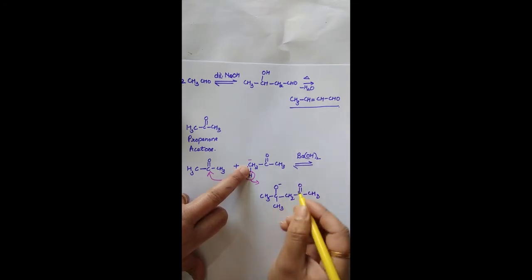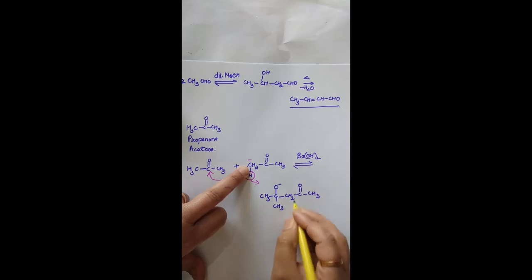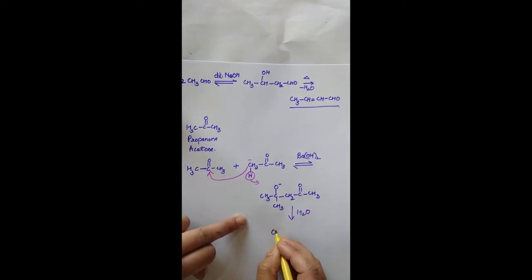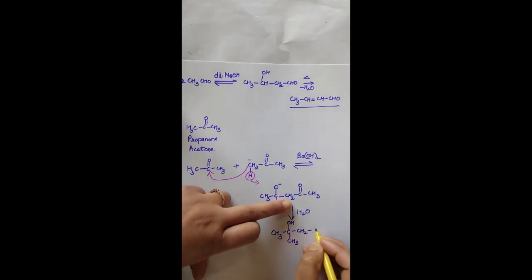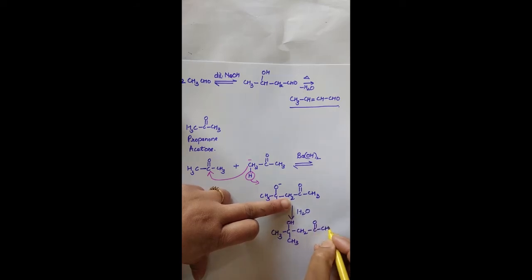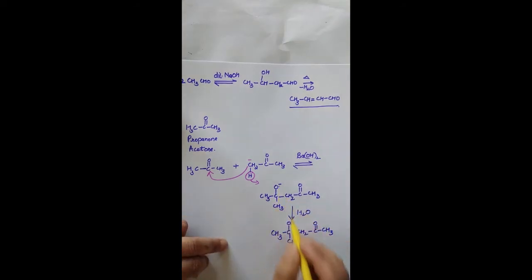So now you add hydrogen to this one. When in the presence of water, what will happen? H gets attached to this one, resulting in formation of COH, CH3, CH2. Write the rest of the molecule as such. Okay, just put hydrogen here.